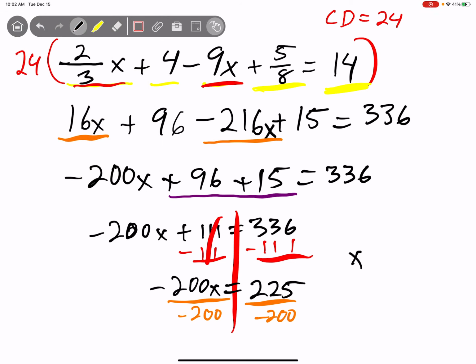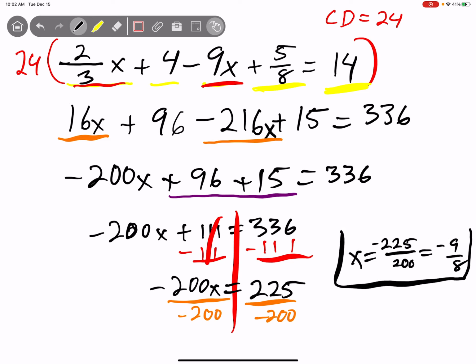And then I know that x equals negative 225 over 200, which is actually the same thing as negative 9 over 8. And that's it. Again, if you have any questions about this, please make sure to ask. That's it for fractions and linear equations. Remember, you can always get rid of your fractions.